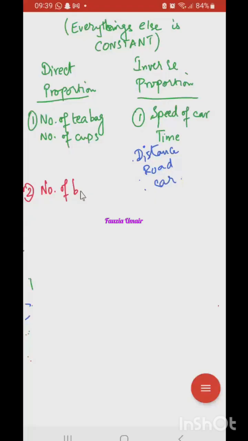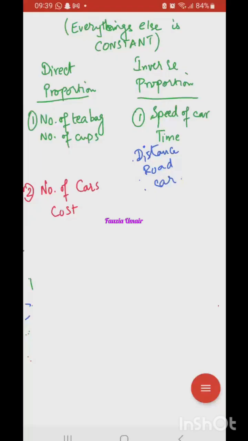If you are buying one car, the cost is less. If you are buying more cars, the cost would be more. That is an example of direct proportion. More cars, more money required. Less number of cars, less money required.